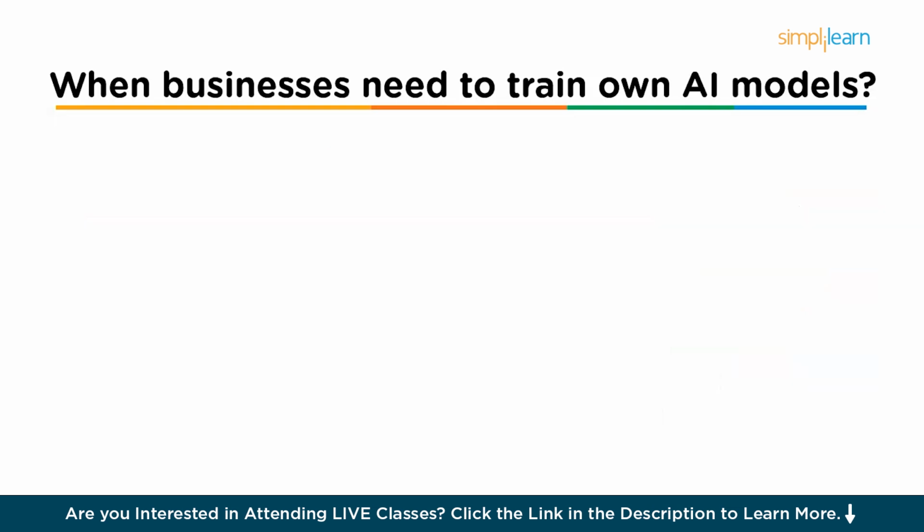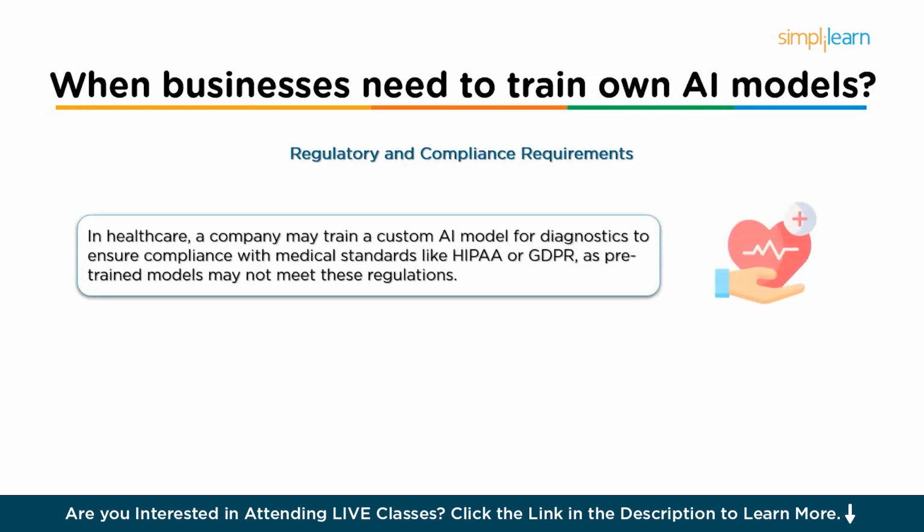Next, it can be used in cases of regulatory and compliance requirements. So certain industries are highly regulated and require AI systems that meet strict legal and ethical standards. So as you know, pre-trained models may not comply with these regulations and businesses may need to build their own models. So for example, a healthcare company might need an AI system for diagnostic purposes that complies with medical standards.